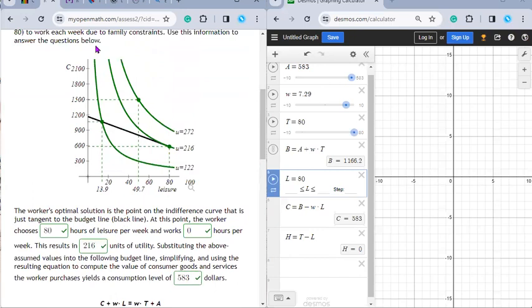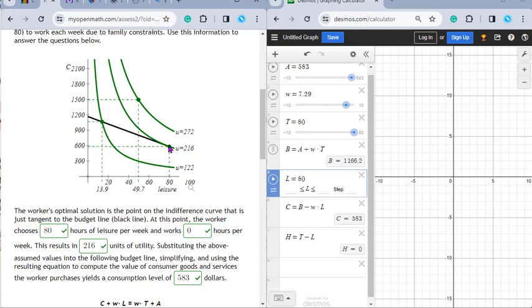Now, notice the slope on the indifference curve. Again, the slope on the indifference curve is non-constant. Here on the indifference curve, leisure is relatively scarce. So the consumer or worker here is willing to give up a lot of consumption for a little more leisure. But down here at this point, the indifference curve is rather flat.